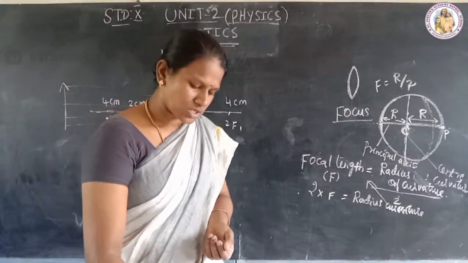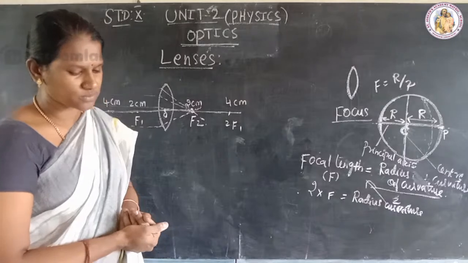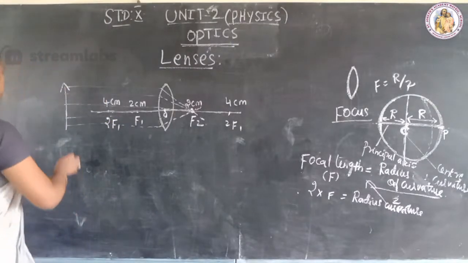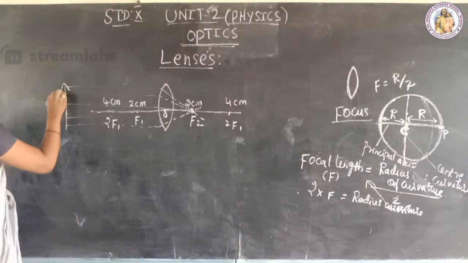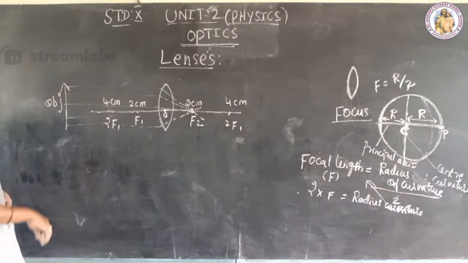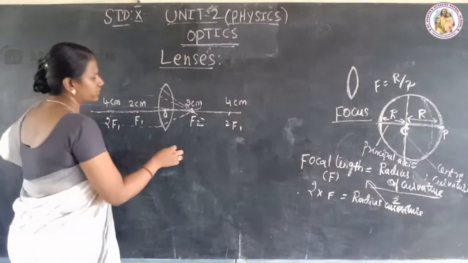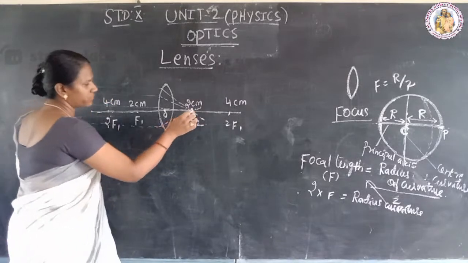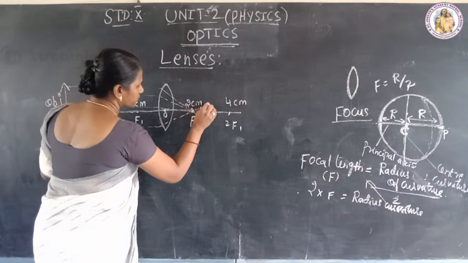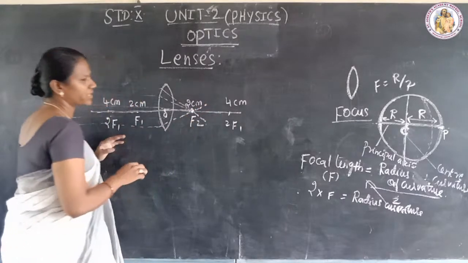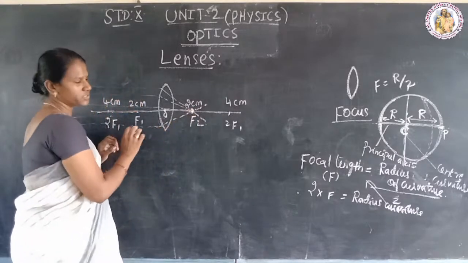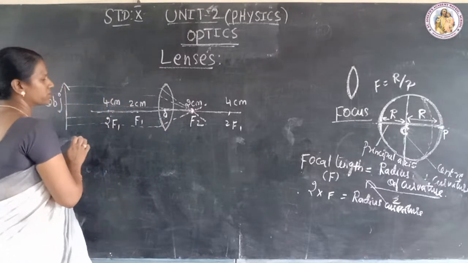The size of the image is much smaller than the object. The object is what we are keeping before the lens. After the refraction of this light, we get the image. The image is formed at the focus, and you see the size of the image is very small.